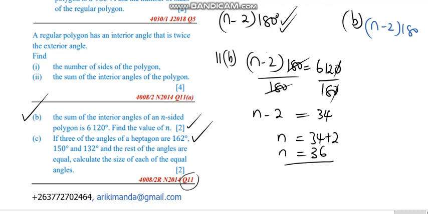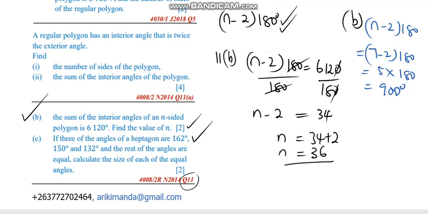Since n, the number of sides, is 7, we have 7 minus 2 multiplied by 180. 7 minus 2 is 5. So 5 multiplied by 180, right? What do we get as our total? We get 900 degrees.